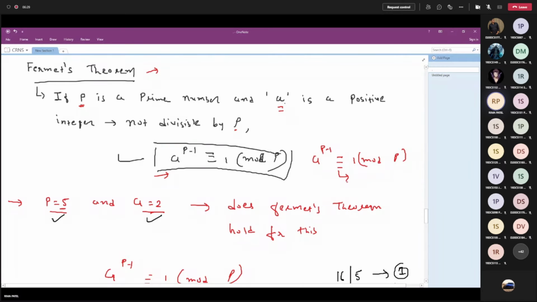Congruence, modular congruence, we know very well now, right? So if A is an integer and P is a prime number, I can represent it like this, if A is not divisible by P.